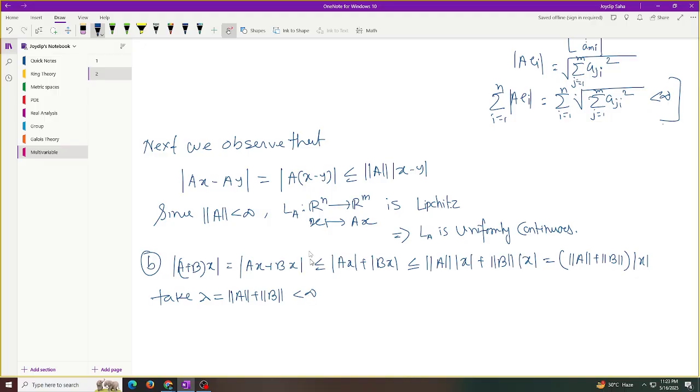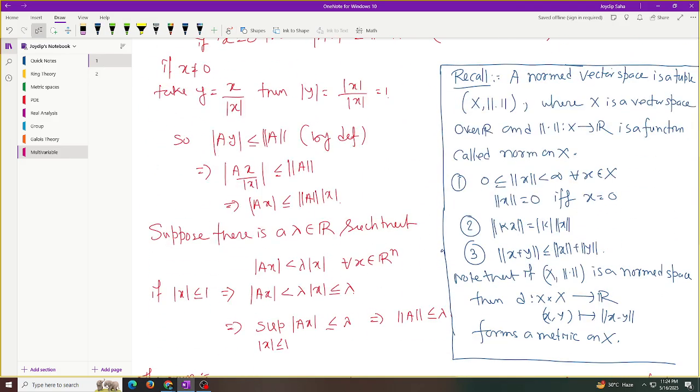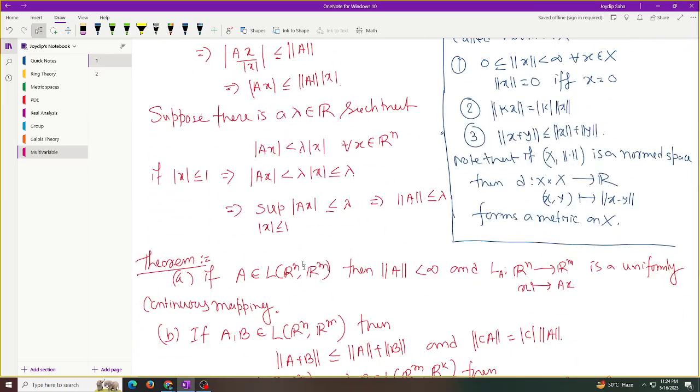It is finite because of the previous result. So mod (A plus B)x is less than lambda times mod x for all x belonging to R to the power n. Now we use this: if mod Ax is less than or equal to lambda mod x for all x, then norm A is less than or equal to lambda.